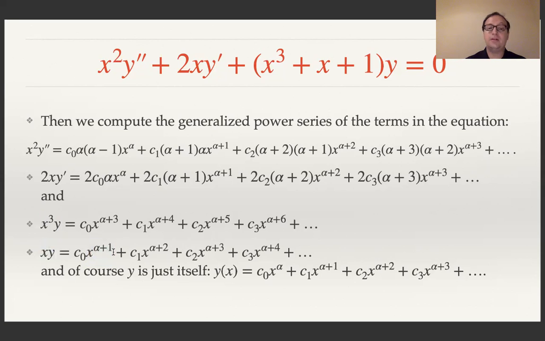And finally, the last place from which we get x to the alpha is C0 times x to the alpha from the power series of y itself. And again, notice that y is a term in the equation. It comes from multiplying the parentheses x cubed plus x plus 1 times y. So 1 times y gives a term of y.